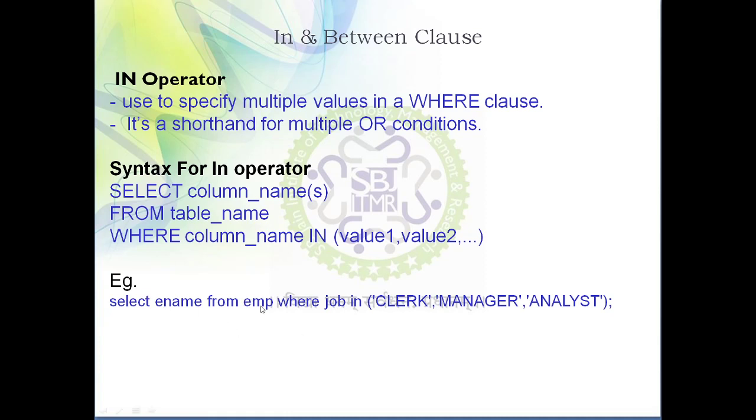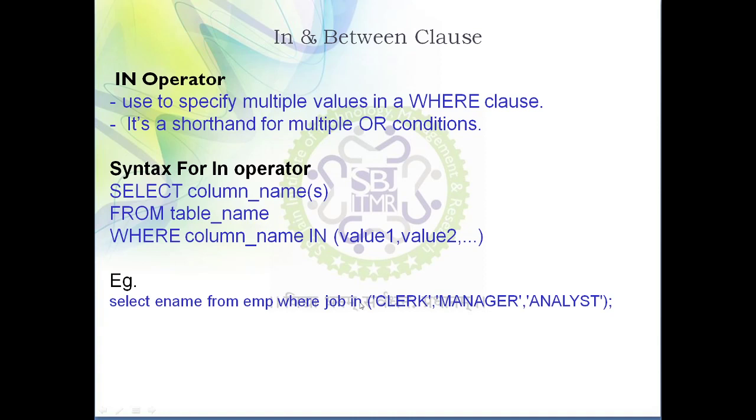Select name from employee where job in ('clerk', 'manager', 'analyst'). Here I have given the values in single quotes because it's character type data. So in SQL, whenever you are using character type data, it should be enclosed in single quotes. And in this case I am using in.